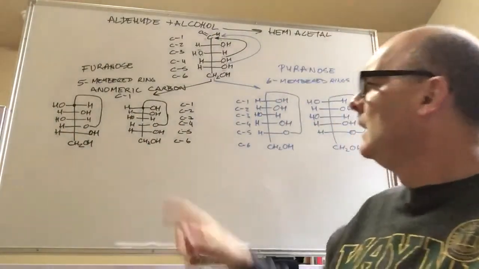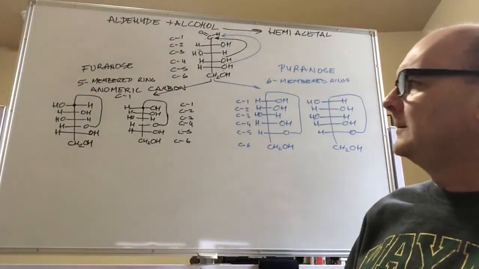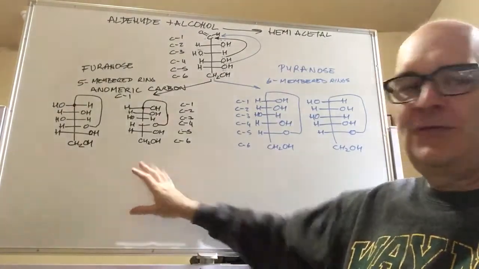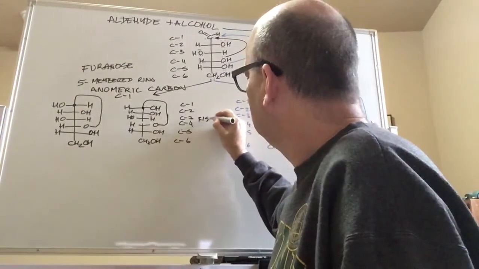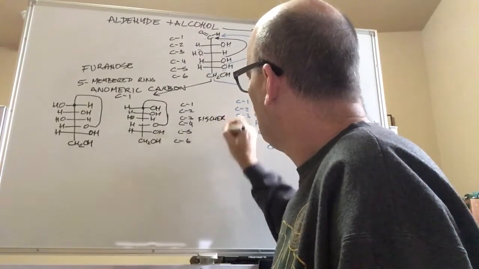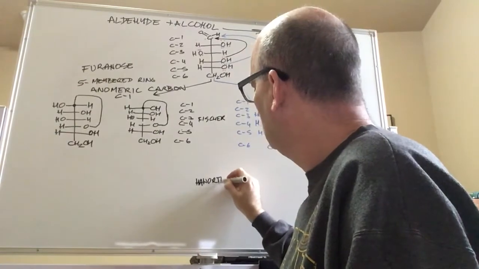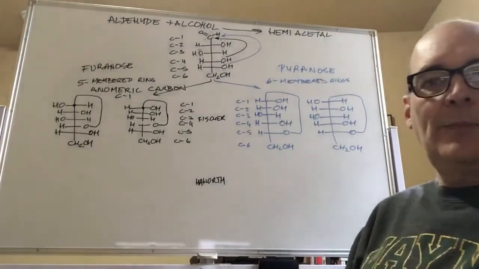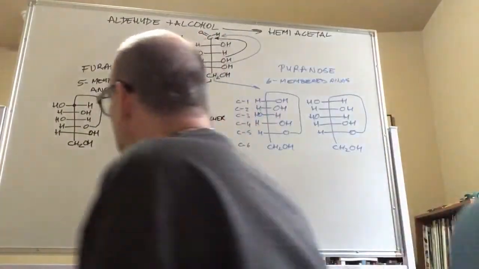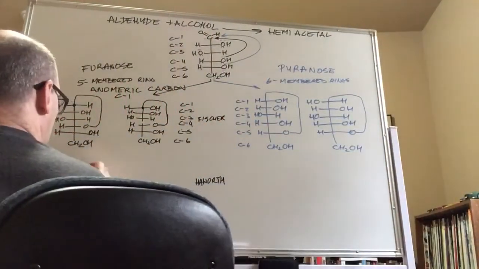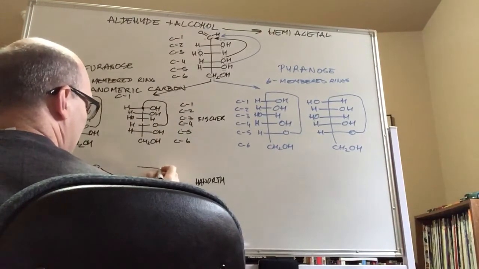Okay, what I'm going to do in the space underneath these diagrams now is to turn these Fischer projections into Haworth projections. And in doing that, I'm going to draw them this way.